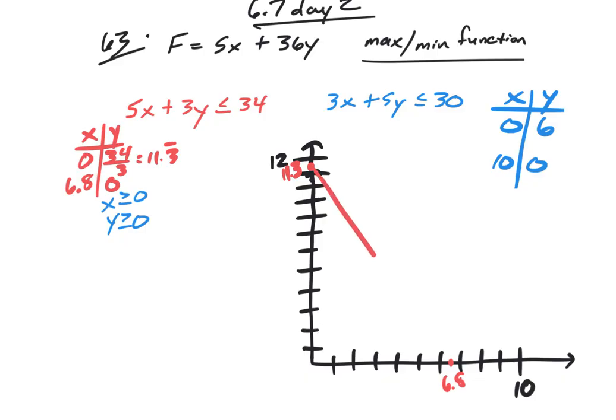And we're going to connect those together and make a line. I'm not going to continue it on forever because we already talked about how we're limited to just the first quadrant. For the second graph, 10, 0 is on the x-axis, 0, 6 is up 6.